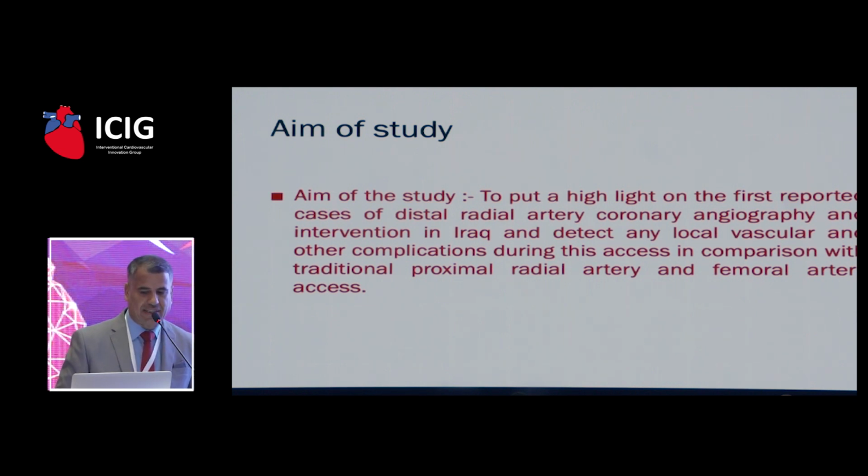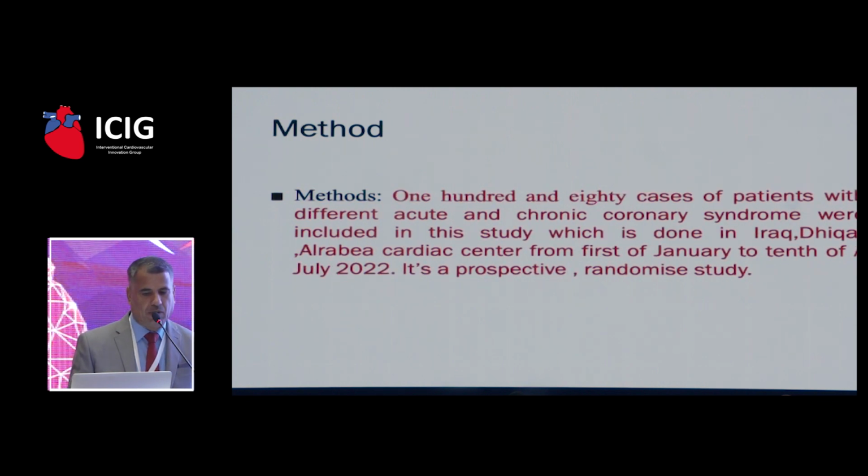So the aim of the study is to put a highlight on the first reported cases of distal radial artery coronary angiography and especially coronary intervention in Iraq, and detect any local vascular complication and others during this access in comparison with a proximal radial approach. 180 patients with different acute and chronic coronary syndromes were randomized to this study.